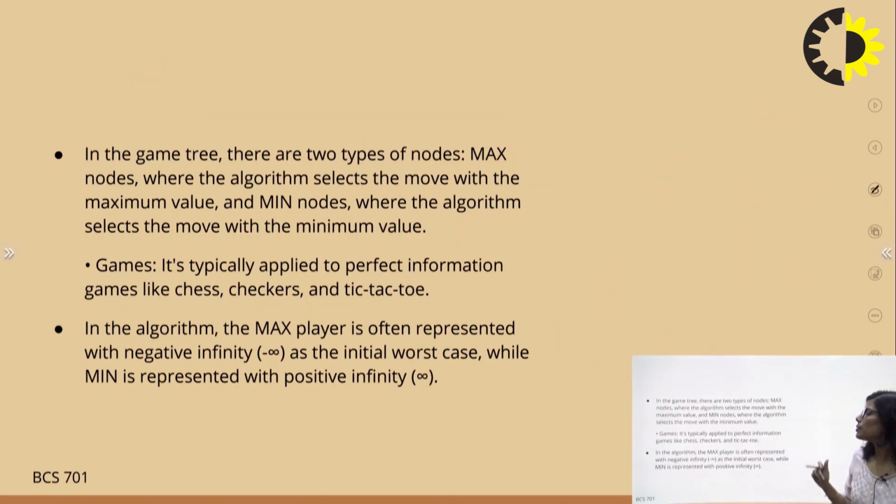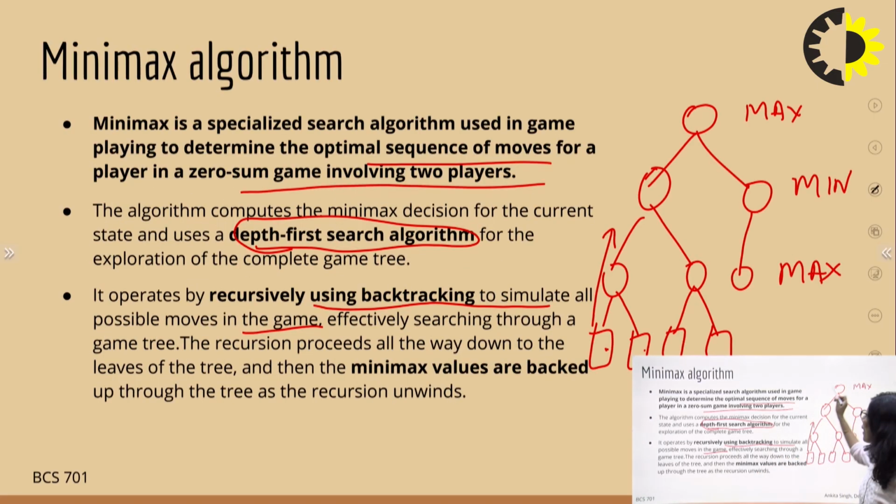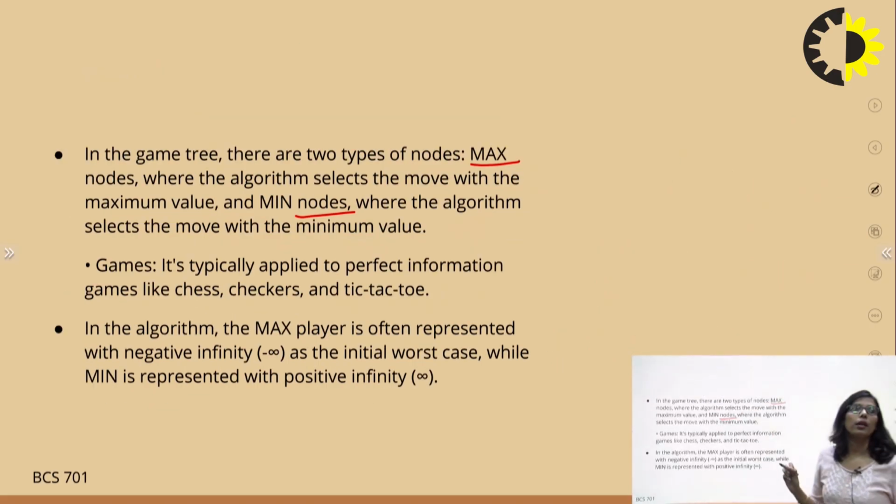Now, the max nodes will select the maximum values, whereas the min nodes will select the minimum values. So, here at these levels, it will select the minimum value from these two, right? Here, it will select the maximum value of these two, right?